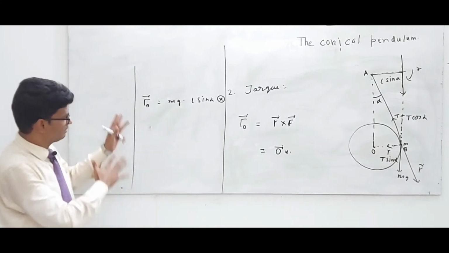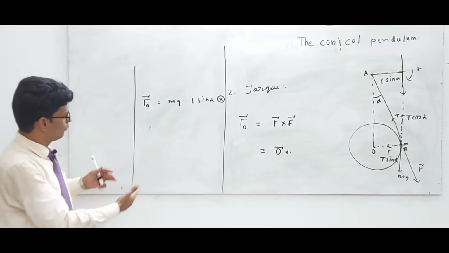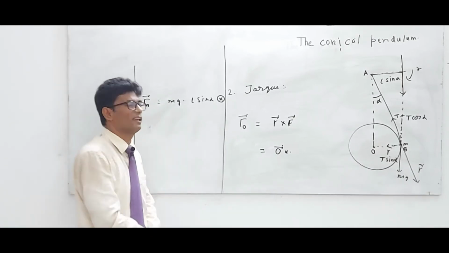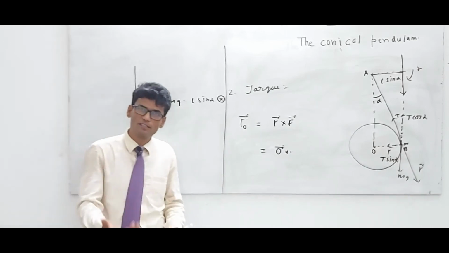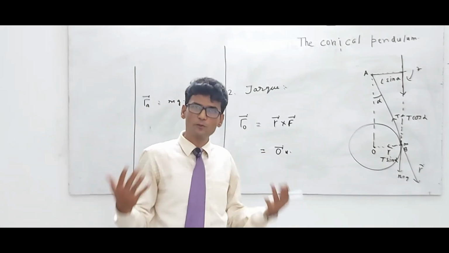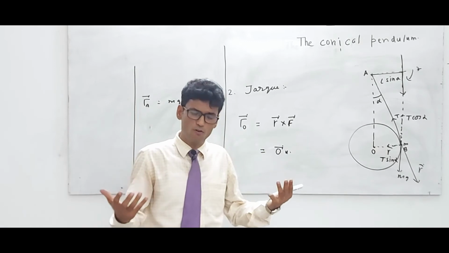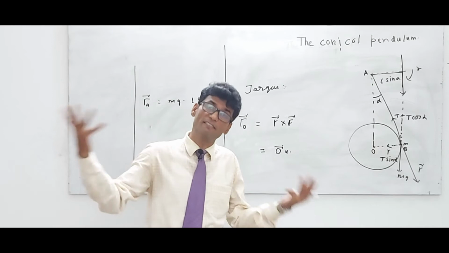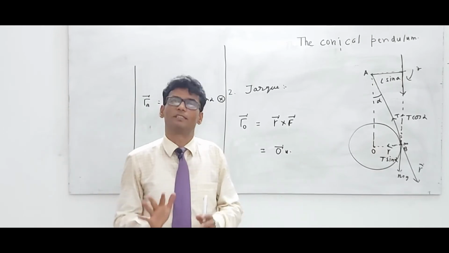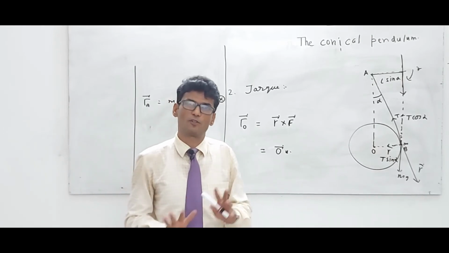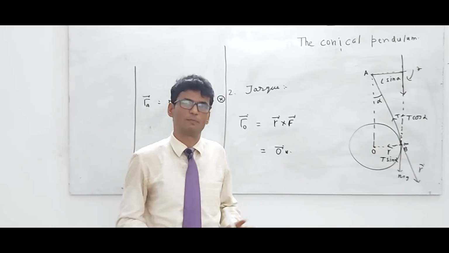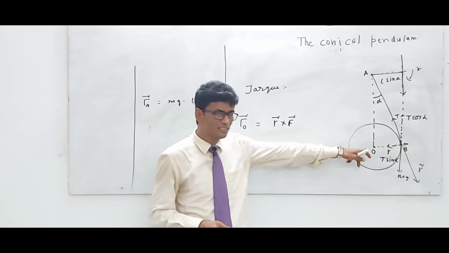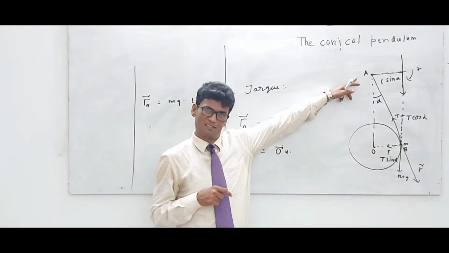So we have found the torque about O and the torque about A. The obvious question: are we in a position to find the torque about any other point? Of course, we are able to find it. We may take any point in space anywhere else. But in most of the problems, what people are asking is only 2 points, the center of the horizontal circle and the point of suspension.